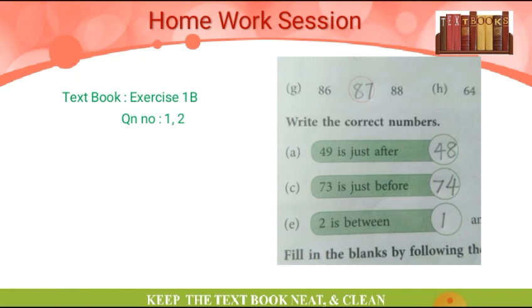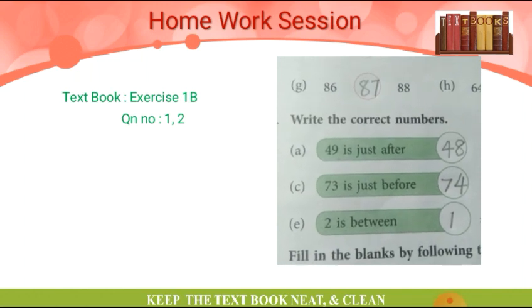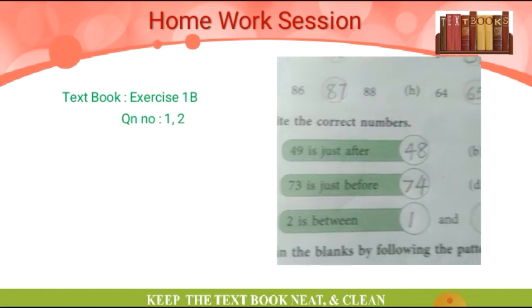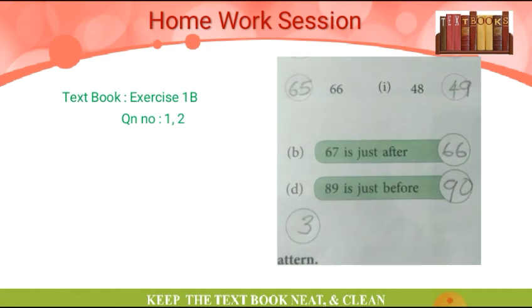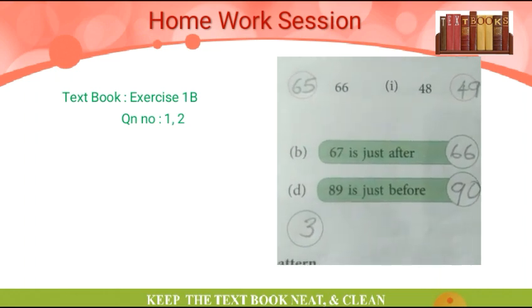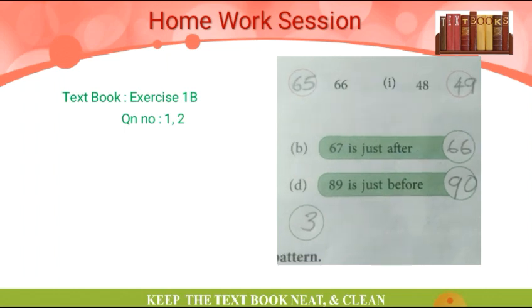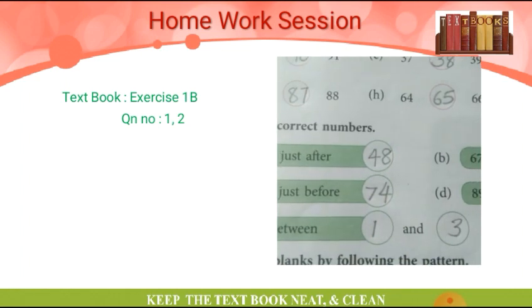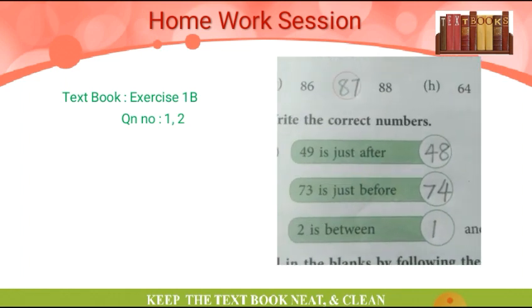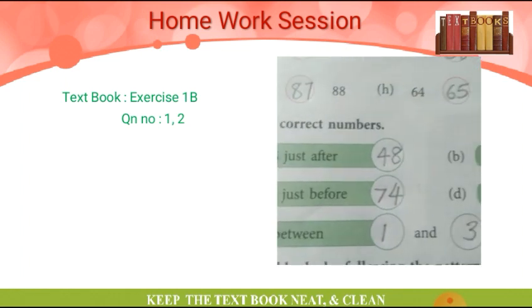So 73 ഏത് നമ്പറിന് മുമ്പാണ്, 74. Understand? Then 89 is just before, 89 ഏത് നമ്പറിന് മുമ്പാണ്, it is 90. Then 2 is between 1 and 3, ഏതൊക്കെ നമ്പറിൻ്റെ ഇടയിലാണ് 2, that is 1 and 3.